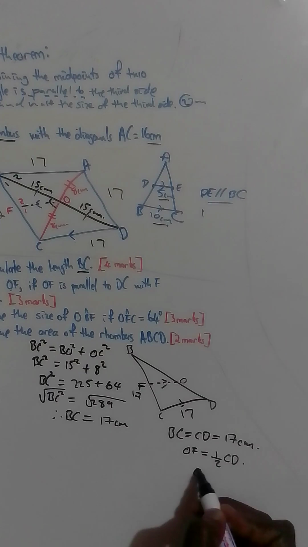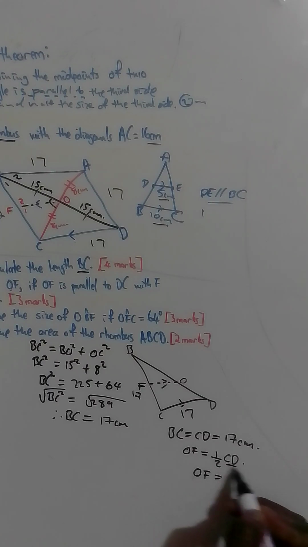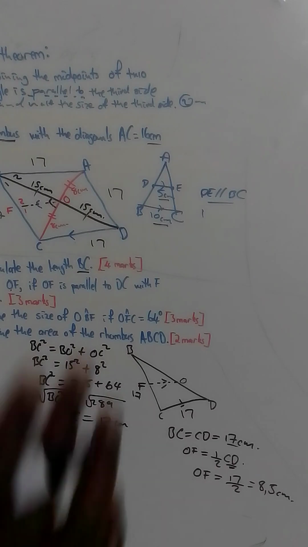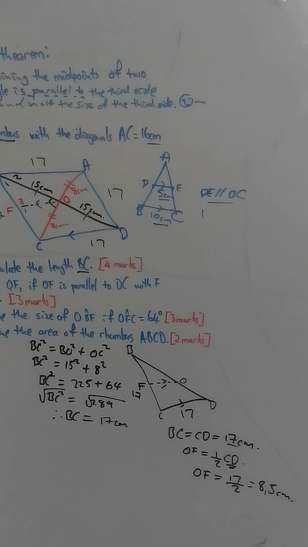So OF is equal to 17 divided by 2. Then what I get is 8.5 centimeters. That is the length of line OF. So here the trickiness was just in knowing the properties of a rhombus, right?